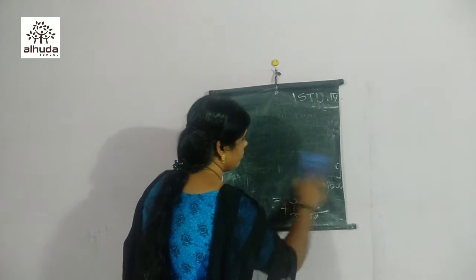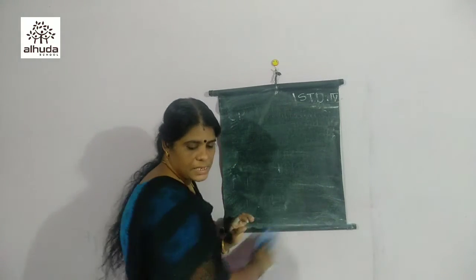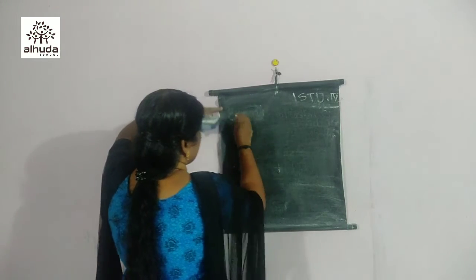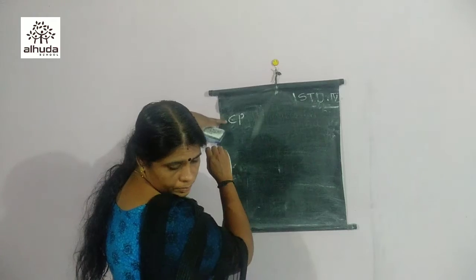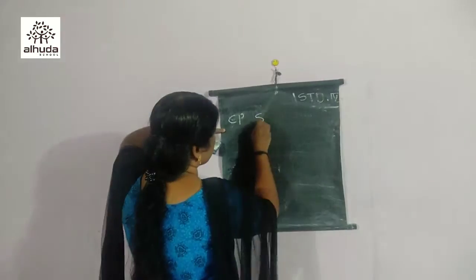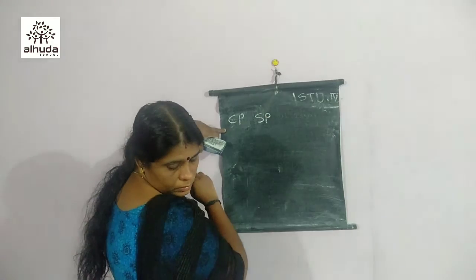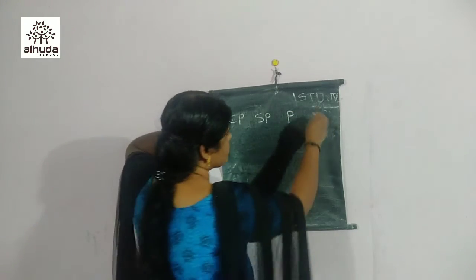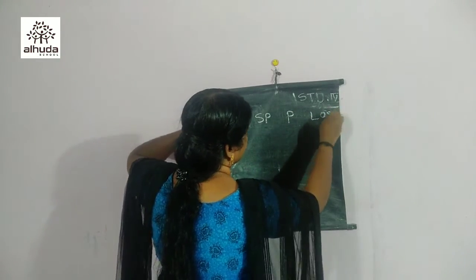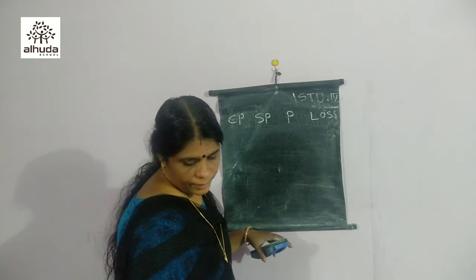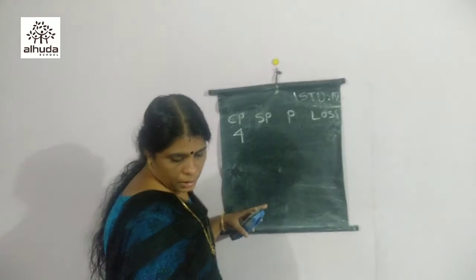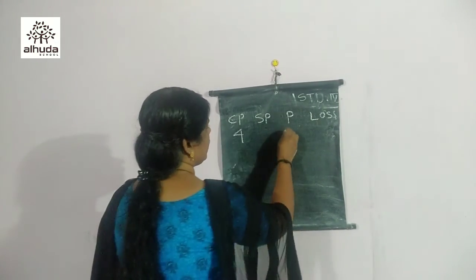Okay. Next coming: fill the missing column. The columns are cost price, selling price, profit, and loss. Here cost price is given as 4, and profit is given as 3.